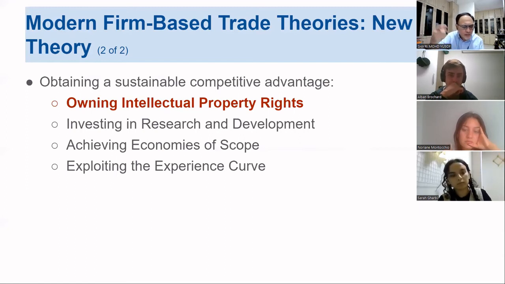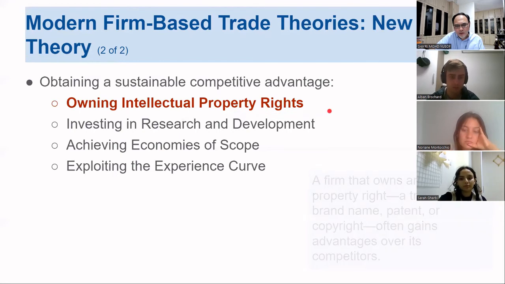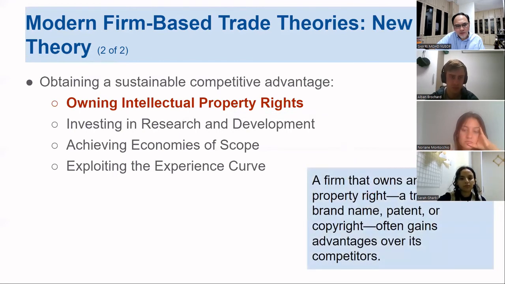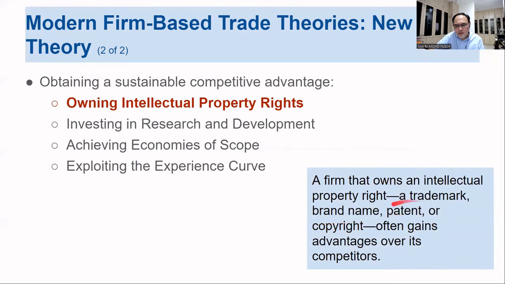Number 1 is obtaining and owning intellectual property rights. This is true until today. If you do not have any intellectual property rights, I mean patents or your own technology, you will be losing. A firm owns intellectual property, trademark, brand name, and so on.